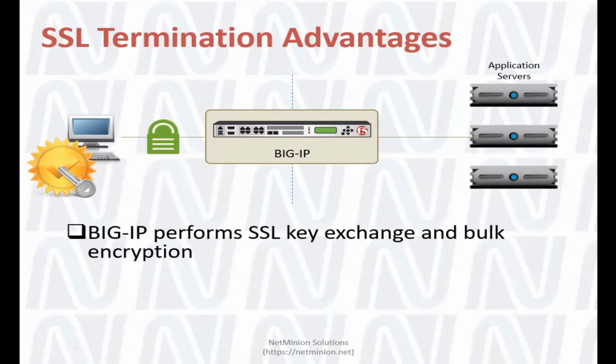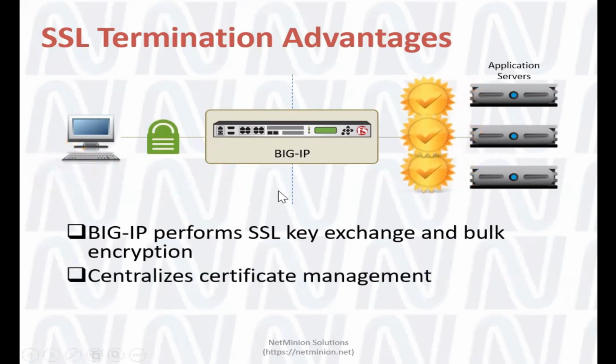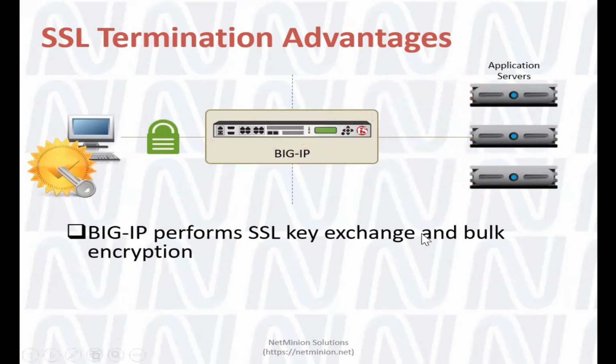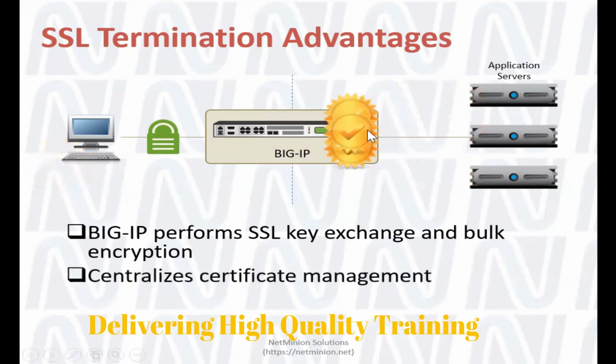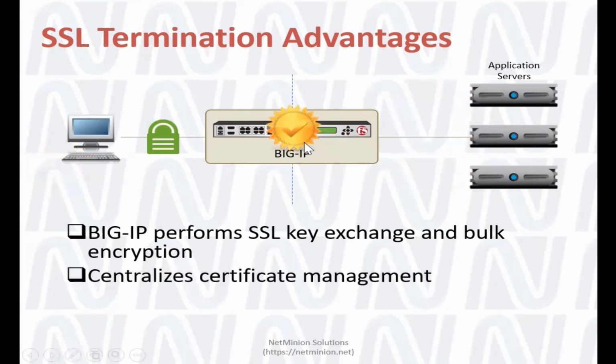Just think that there is a key exchange, and one key should be on the BigIP. Now all of the keys from the server we are putting on the BigIP. How to put them, we will talk about in a practical manner, but your BigIP should have all of the keys available.